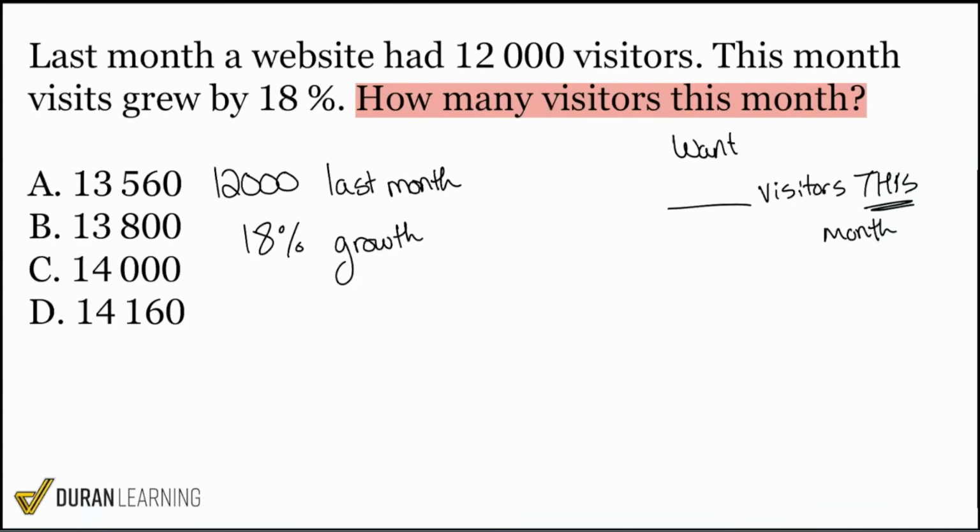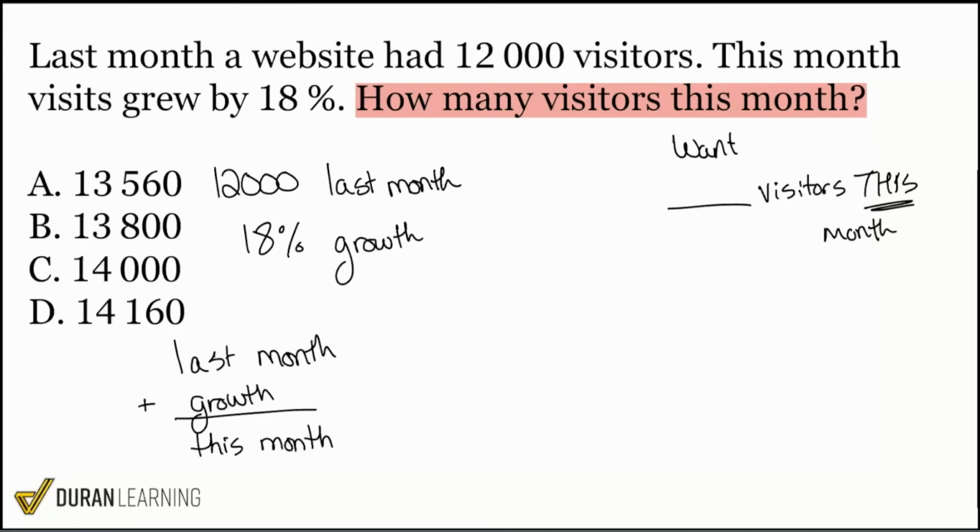If we had growth, then it sounds like what we want is last month plus the growth is going to give us this month. So can anybody tell me if that makes standard sense to you, generic sense, that if I'm trying to get to this month and I have last month and I have the growth, I add those together and that'll give me this month. If I start from last month, I add the growth, yeah, I'll get this month.